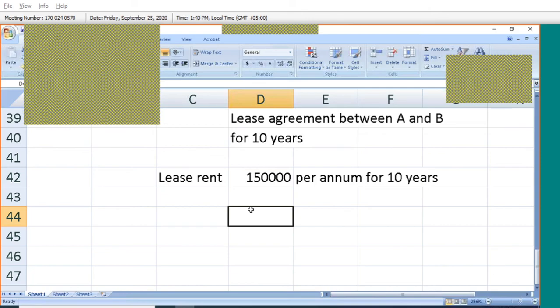Every year, the first year, again the second year, B will do the same: expenses, P&L account, debit rent 1,50,000 rupees. That accounting treatment we already know. Correct or not? Debiting the P&L account, that treatment we already know.